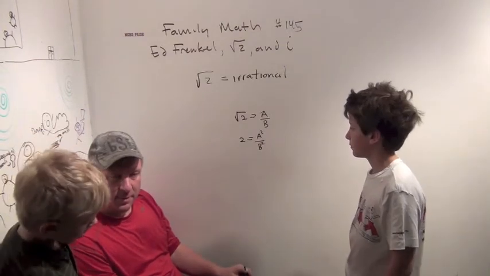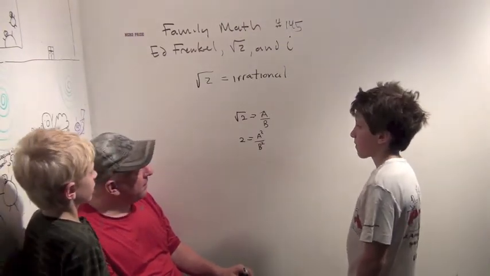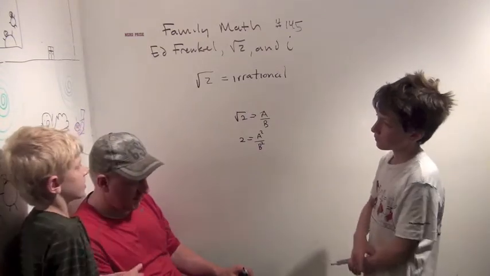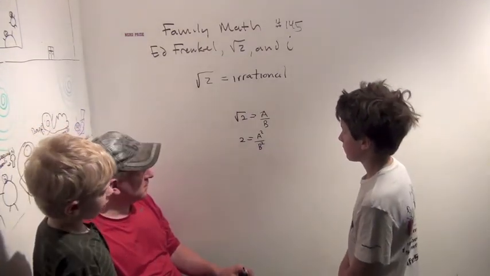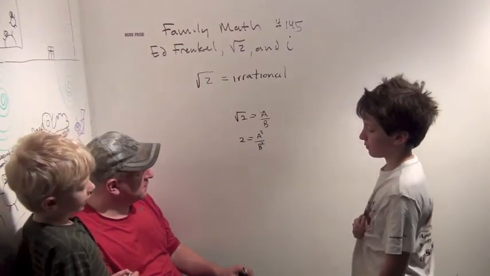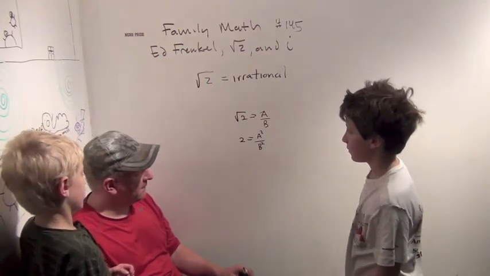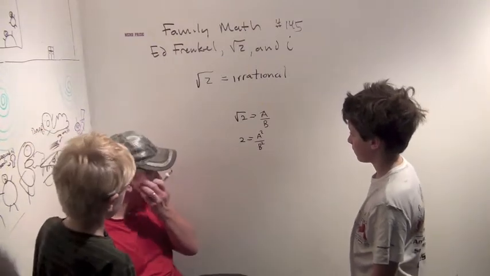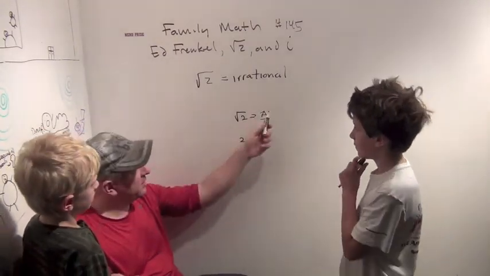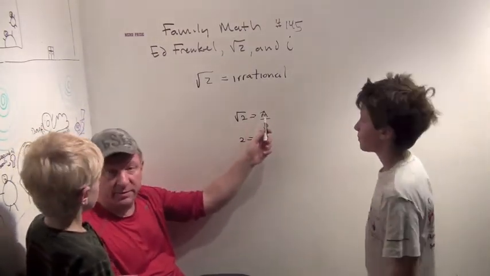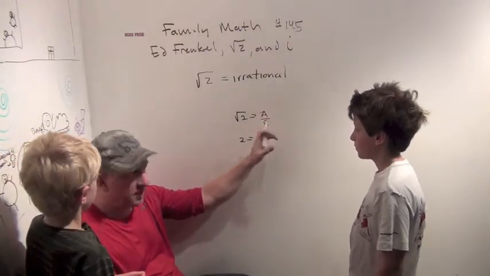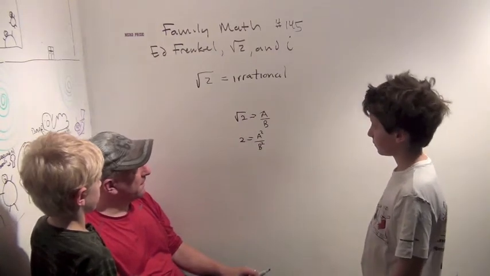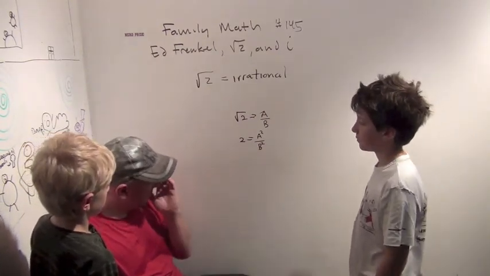If a and b are in lowest terms, they don't have any common factors. Squaring just means multiplying by a over b again, so they won't have any common factors.